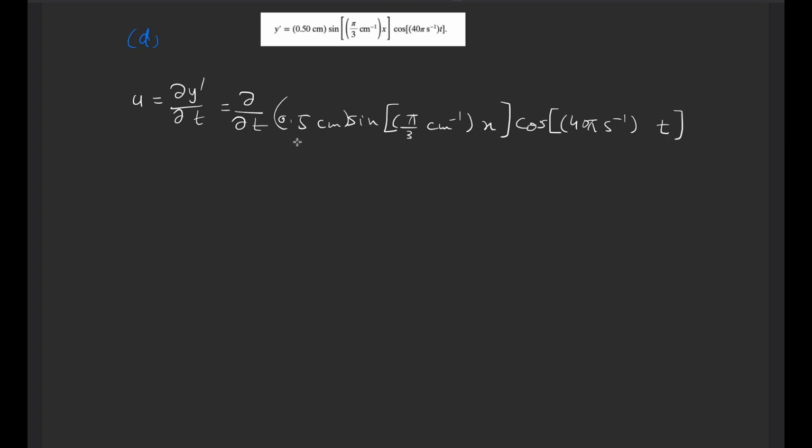So now we will differentiate this with respect to time. Time is only in the cos function, so we will differentiate only the cos term because it includes time, and the derivative of cos is minus sine. So we will put here minus.